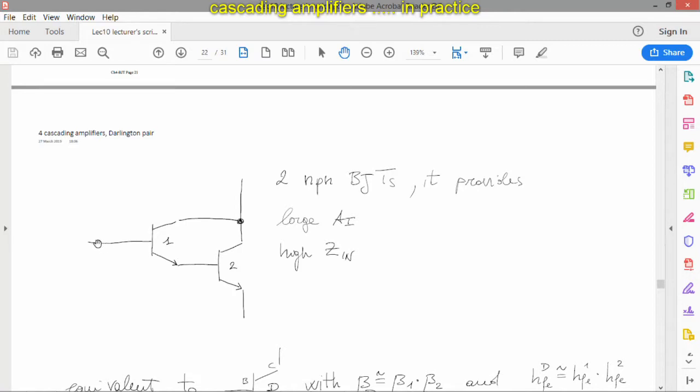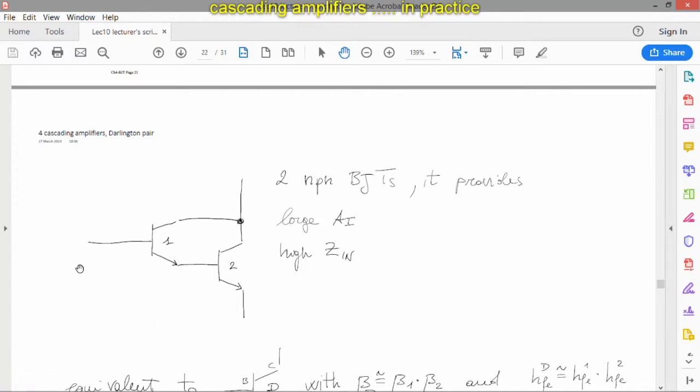But then this 100 times bigger current is effectively the IB of the second stage. So the collector current of the second stage is now 10,000 times bigger than the initial IB.